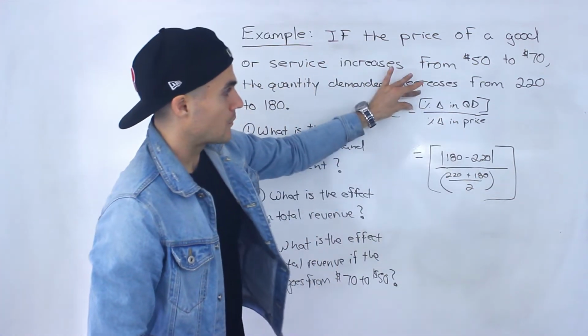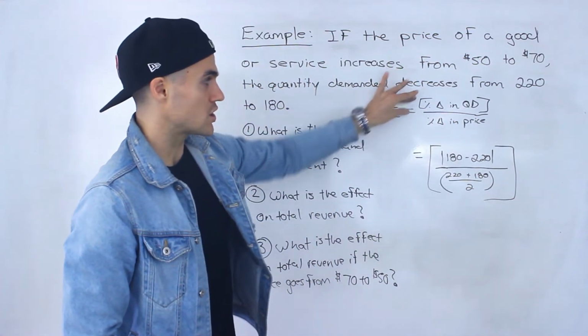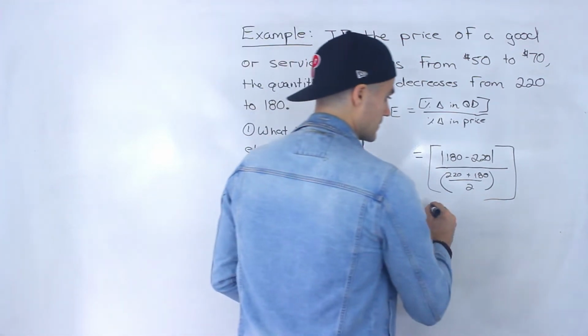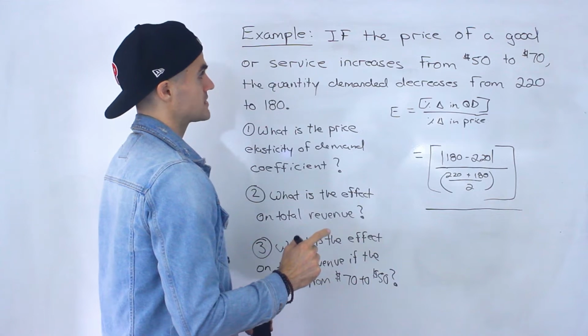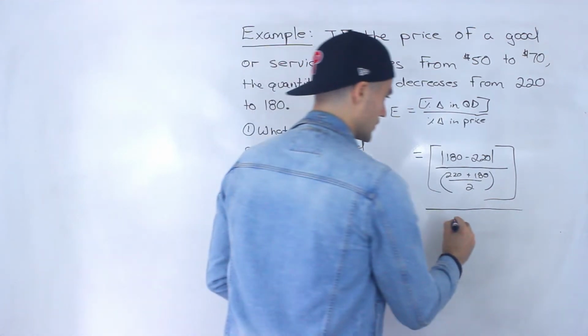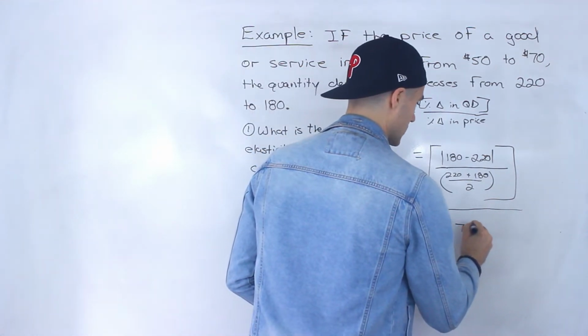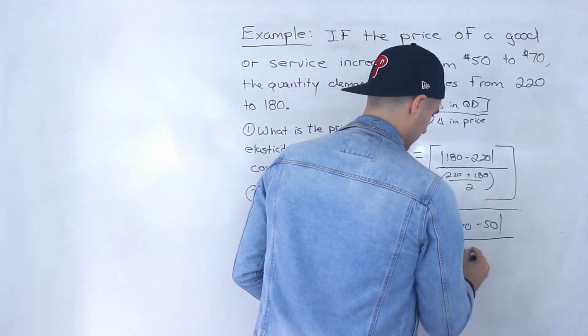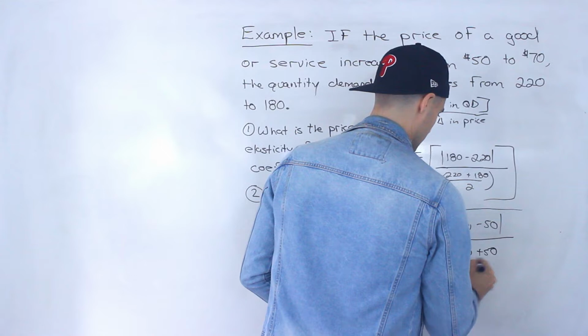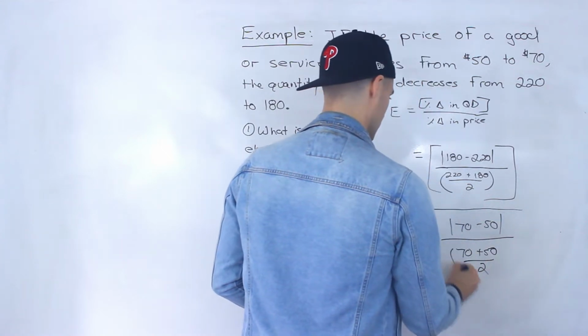This whole thing represents the numerator, that percentage change in quantity demanded, and that's going to be all over the percentage change in price. The price is going up from 50 to 70, so it's going to be the absolute value of 70 minus 50 all over 70 plus 50 divided by 2.